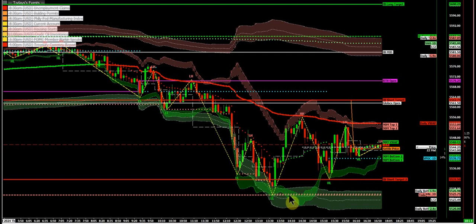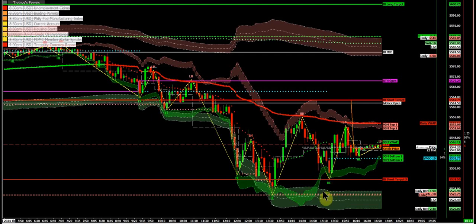But now that you've exited this, what happens is that you're targeting up here, and you're ultimately targeting back up here if you have enough time in the day. So what happened is it came down here, popped up, rode the 90-minute VWAP extension cloud right up to the daily VWAP, and then sold off again.